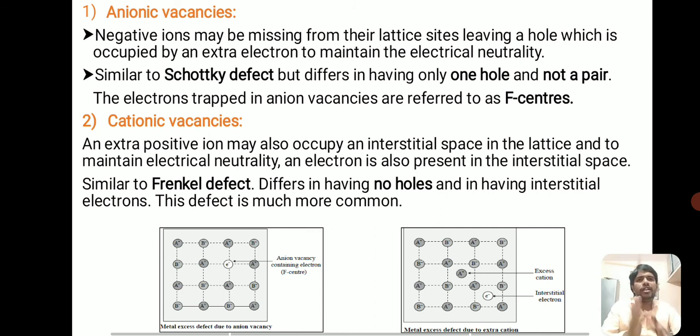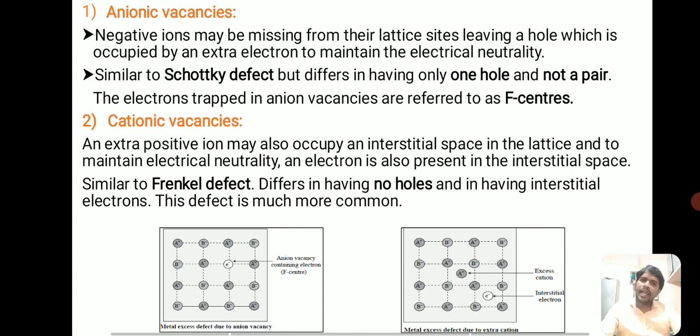It is similar to Schottky defect, but it differs in having only one hole. In the Schottky defect we have two holes. The electrons trapped in anion vacancies are referred to as F centers.